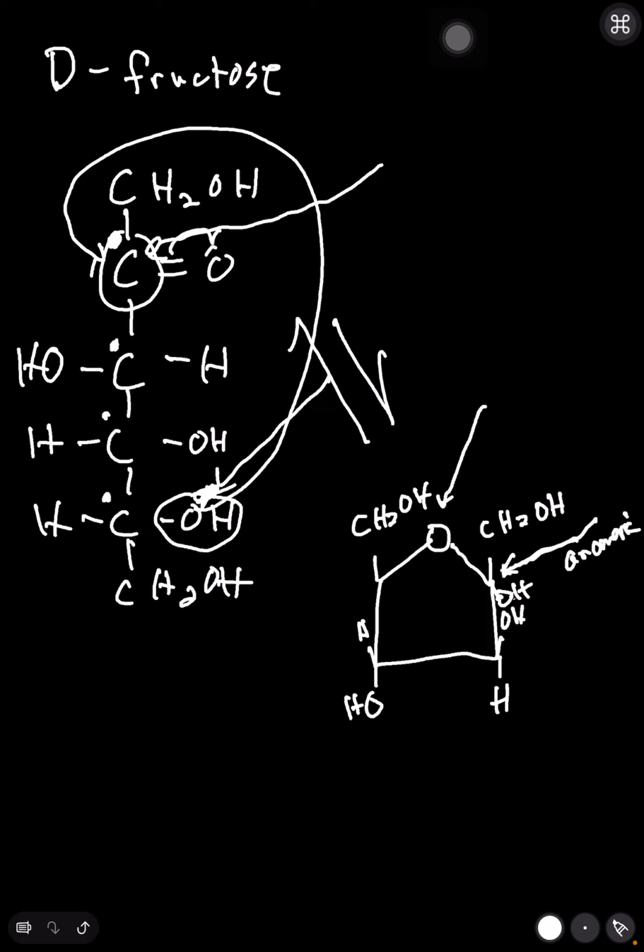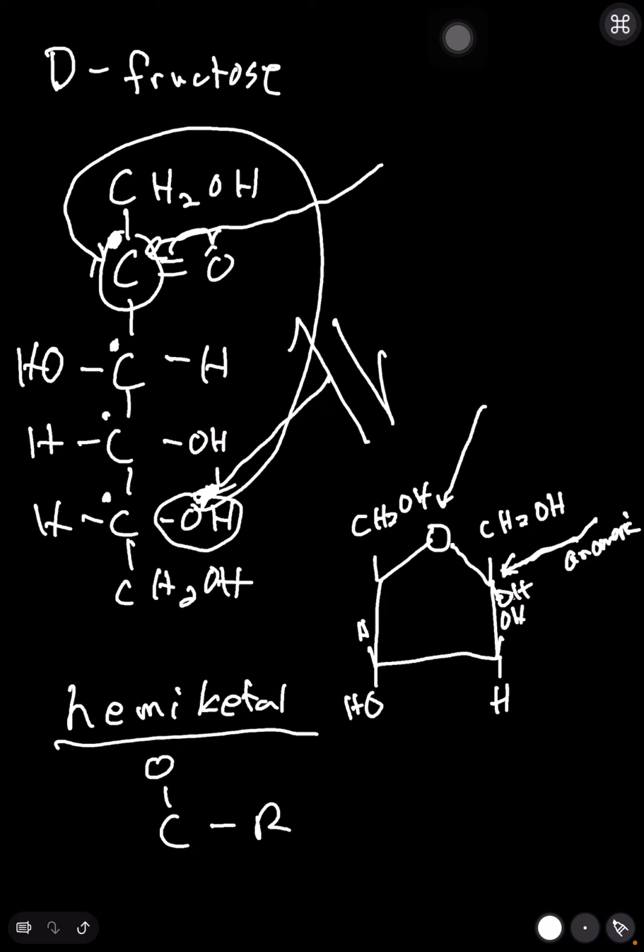All right, anyway, with cyclization of something like fructose, a ketose happens in the same manner that it does with an aldose, except it doesn't make a hemiacetal, it makes a hemiketal. Subtle difference. Very similar to a hemiacetal, right? You have a carbon. It's got an R group. It's got an OH. It's got an OR group.